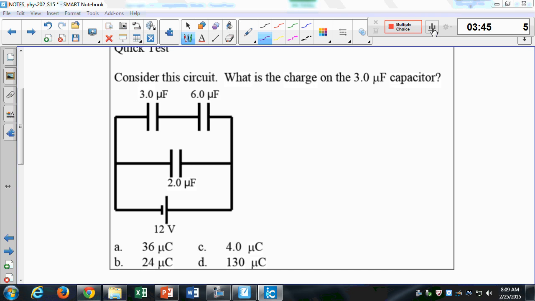All right, y'all, let's do about 15 or 20 more seconds. And stop at 405.